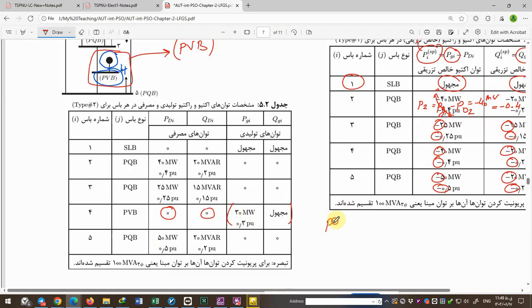In a PV bus, 2 parameters are specified. Which parameters are specified? P and the magnitude of voltage. Which parameter is unknown?